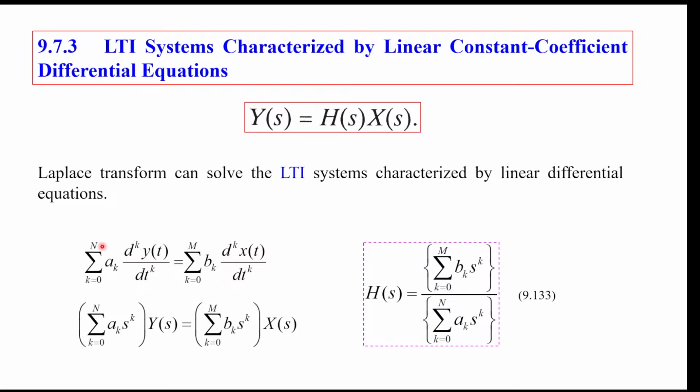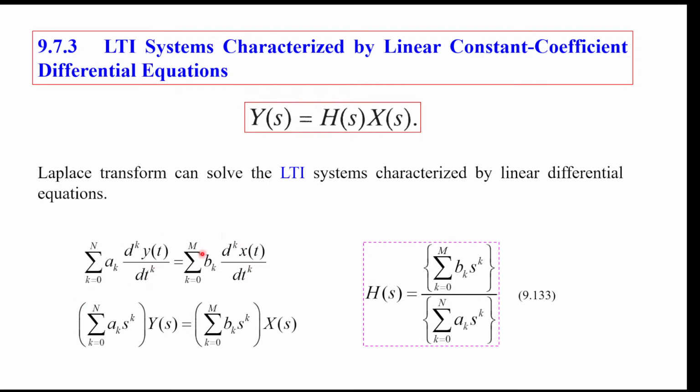And now if we have an LTI system characterized by linear differential equations, which we have seen quite a bit, that look like this, we have our y of t and x of t related by this differential equation.